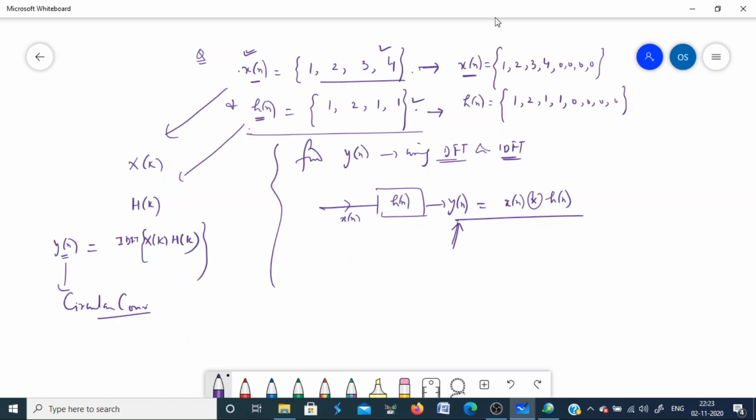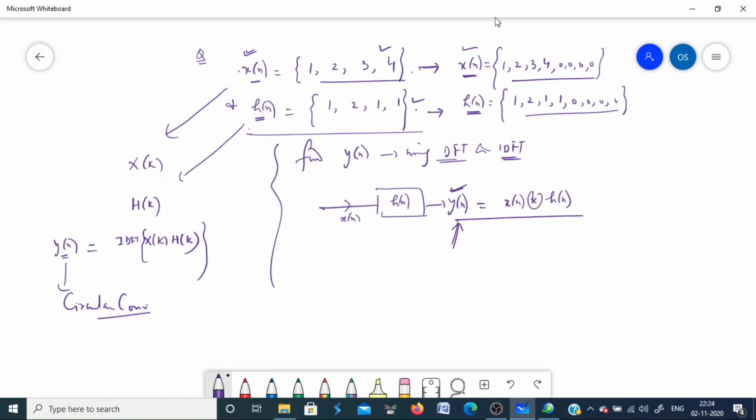Now find the 8-point DFT of this, then the 8-point DFT of this, multiply them together, find the IDFT, and you will get yn, which is the linear convolution. This is how you can make linear convolution equivalent to circular convolution, or how you can find the linear convolution of two signals using the circular convolution.